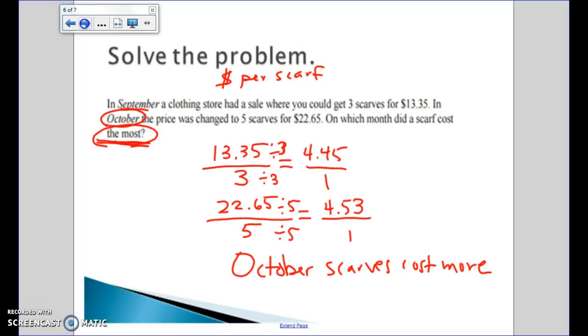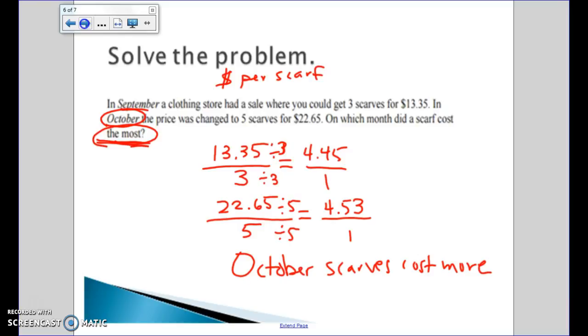And so we're just using these unit rates to compare prices, because in some of these instances, the unit rate is the best way to determine which is a better deal or which is more expensive. Mental math is hard here, it's hard to tell whether 3 scarves for $13.35 or 5 scarves for $22.65 is the better deal. But now we know for sure because we know how much the price of each scarf was.